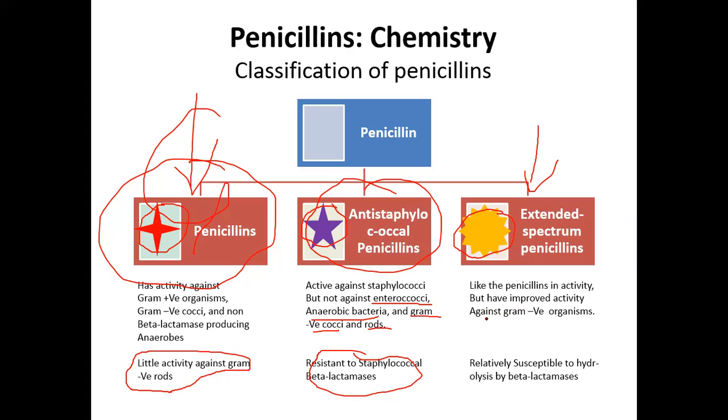They have improved activity against gram-negative organisms, okay? And they also work against the anaerobic organisms, just like these penicillins. But here you have added the gram-negative organisms. So in terms of selection, these drugs seem to be better, okay?